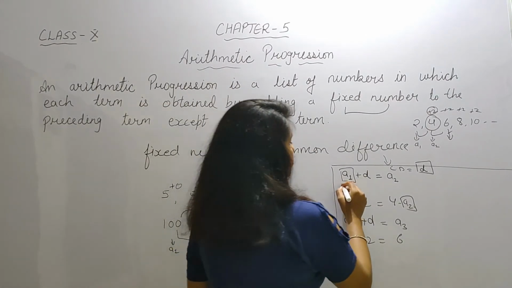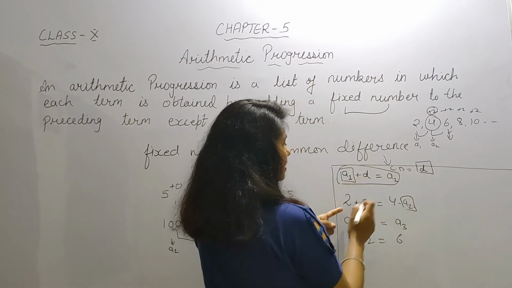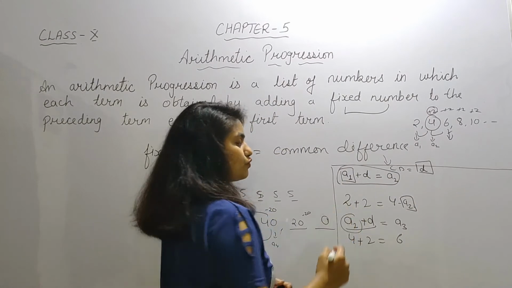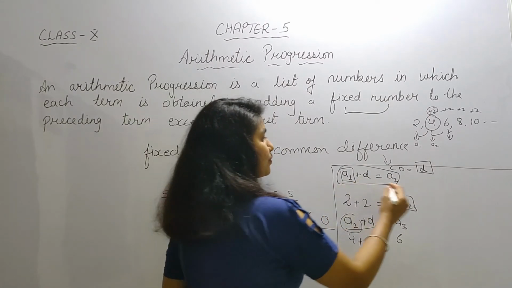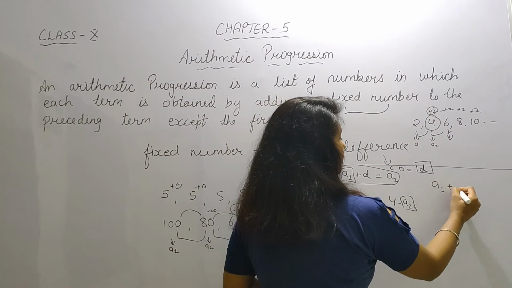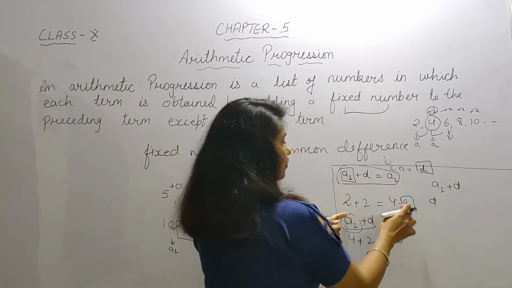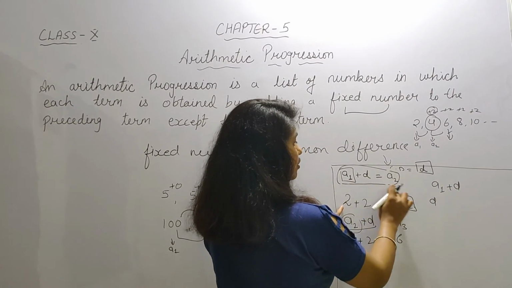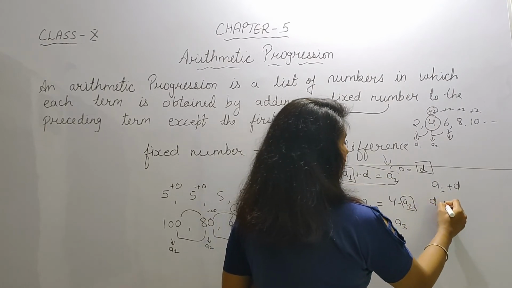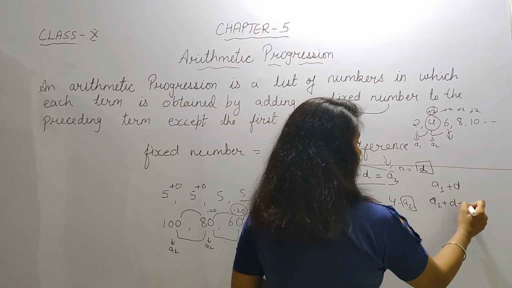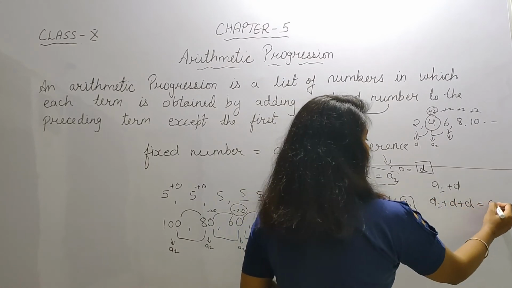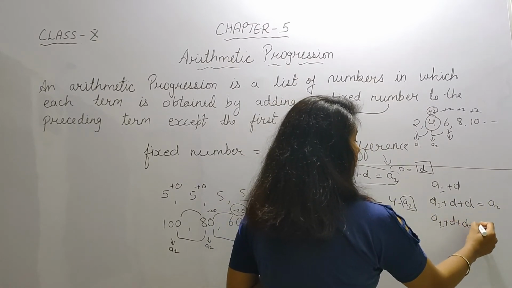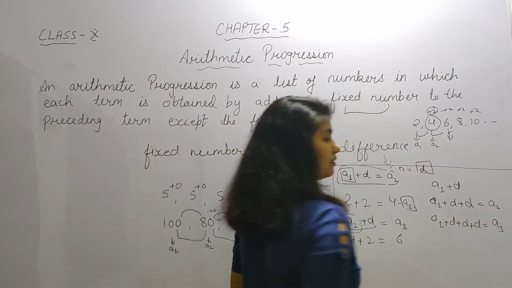Now have you understood? First is A1 plus D, next is A2 plus D, next is A3. Now how has this A2 come? First of all, let us write in the standard form. After A1 plus D we get A2, next A1 plus D plus D, then A1 plus D plus D plus D, and then I get A3.